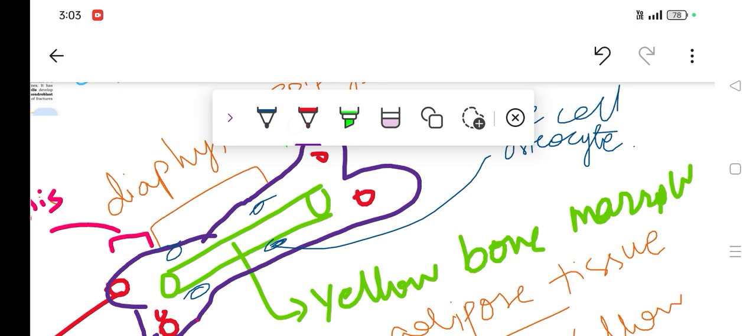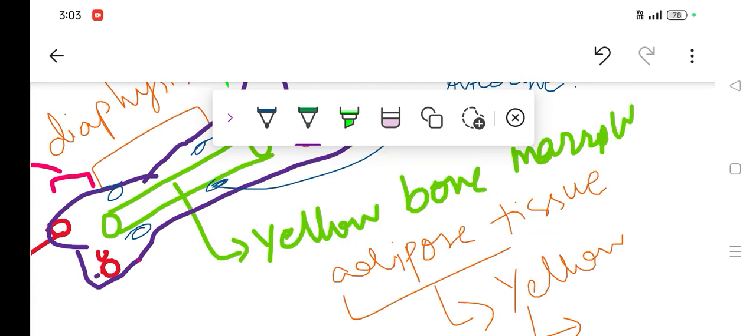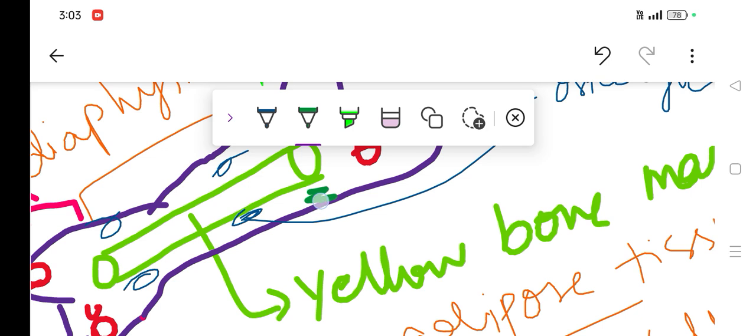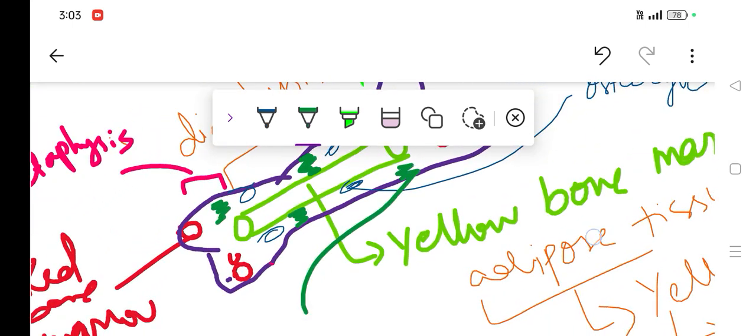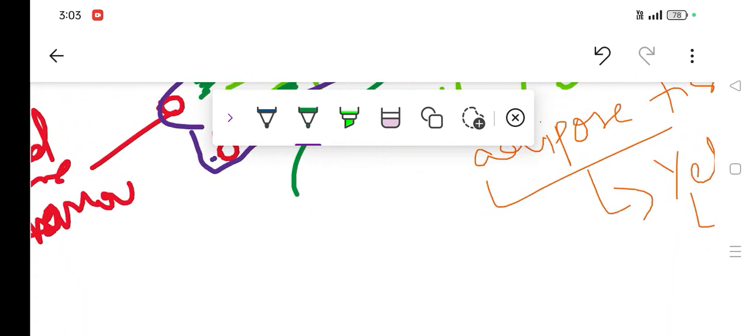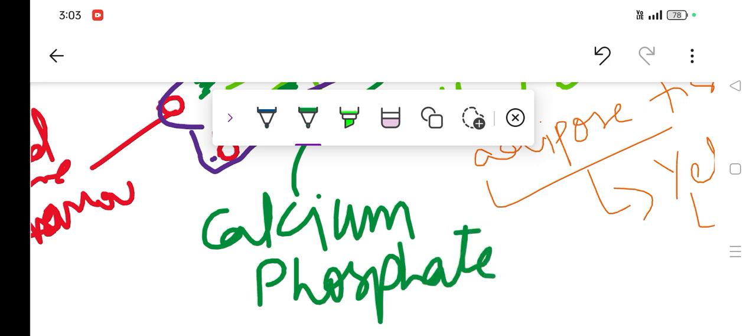If you're wondering where that structure would be, here you'll see a thin structure, and this kind of structure is called calcium phosphate. I hope it is very clear.